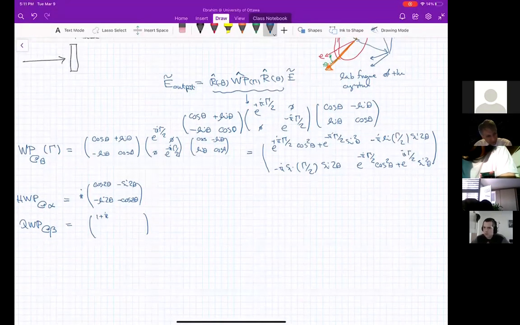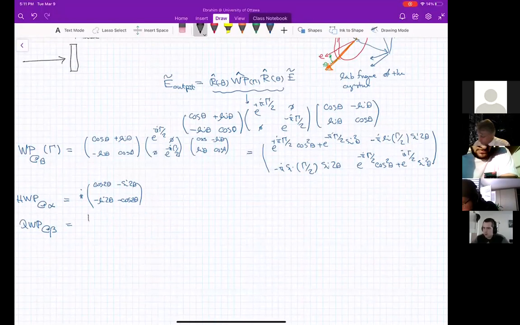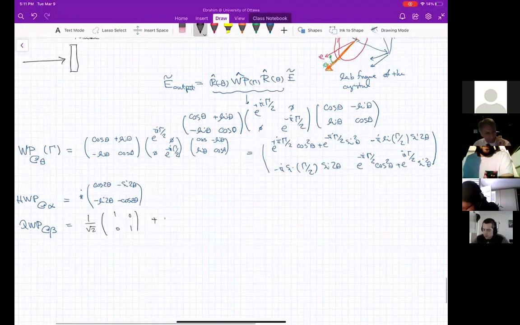Oh, let me see what I can do there. Yes, I think I would prefer to write it in a different form because it's beautiful. You can write it as identity matrix divided by square root of 2, 1, 0, then I have plus i divided by square root of 2.